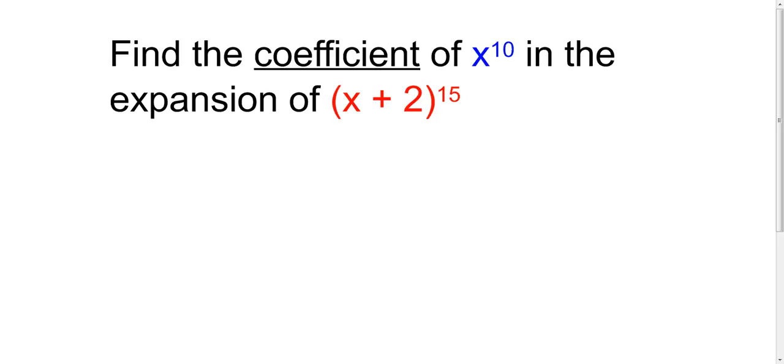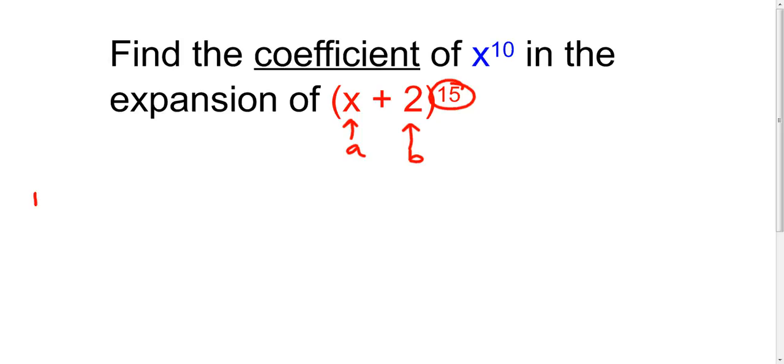Okay, the next one says find the coefficient of x to the 10th in the expansion of this term right here. Okay, so here we go. The expansion of x to the 10th. I'm going to say that this is my A and this is my B. Okay, so here we go. Again, power of 15.